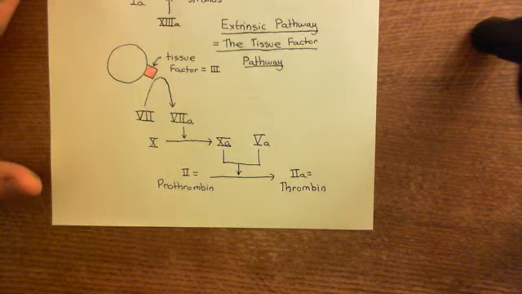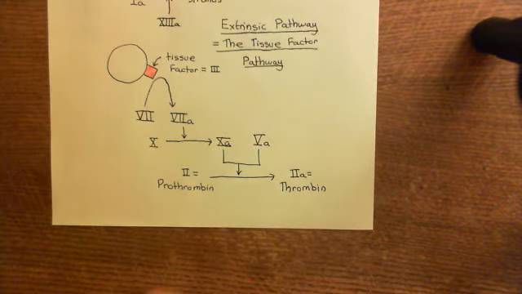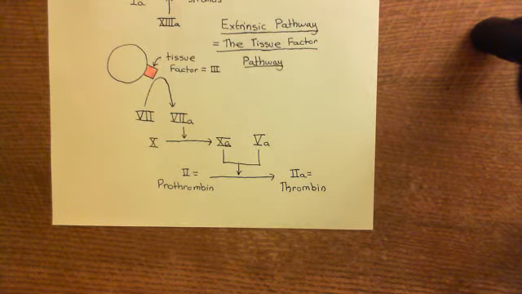Okay, so both of these pathways, even though there's a lot of details in between, overall what they are doing is converting fibrinogen into fibrin, which is then being polymerized into fibrin strands. That is the process of coagulation.